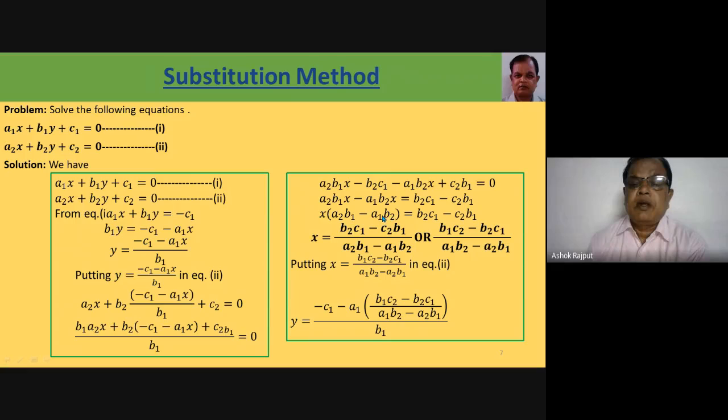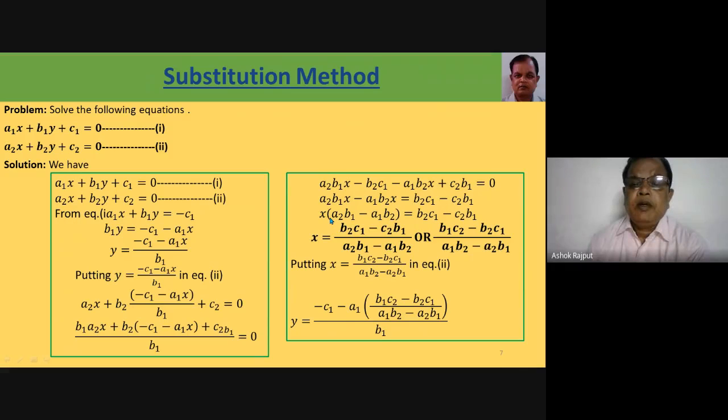Here we see x in two terms, so we arrange these two at one place as a2 b1x minus a1 b2x equal to b2 c1, because it is negative here, so we change the sign, and c2 b1, here it is positive, so we have changed it to negative.